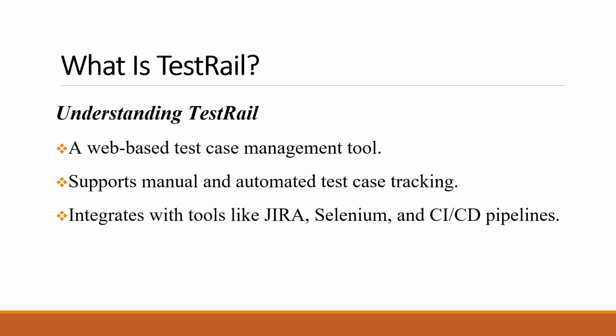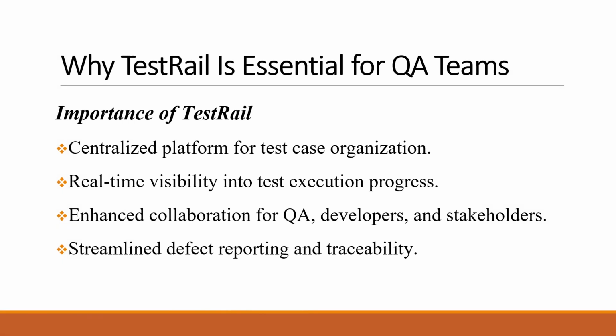It integrates seamlessly with popular tools like JIRA, Selenium, and CI/CD pipelines, enabling teams to link defects, execute automation scripts, and keep track of test progress effectively. Whether you're working on a small project or managing complex enterprise-level testing efforts, TestRail offers the flexibility and control needed to ensure organized testing. So why is TestRail an essential tool for QA teams?